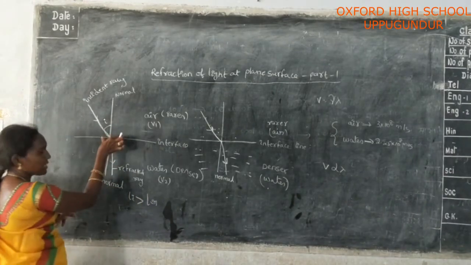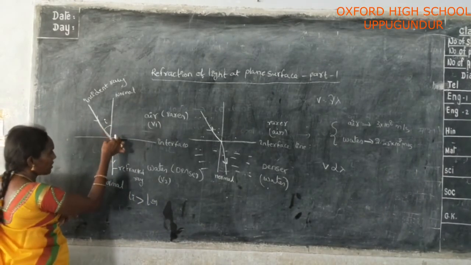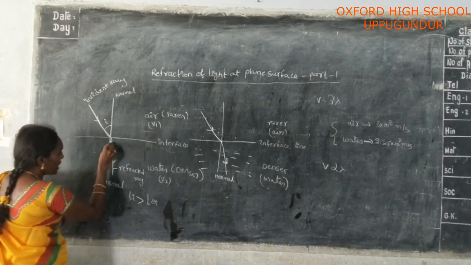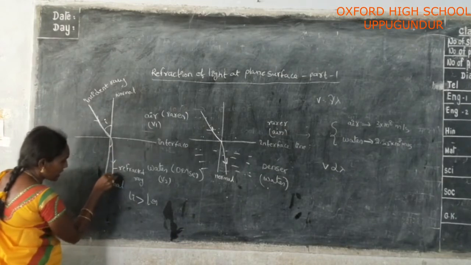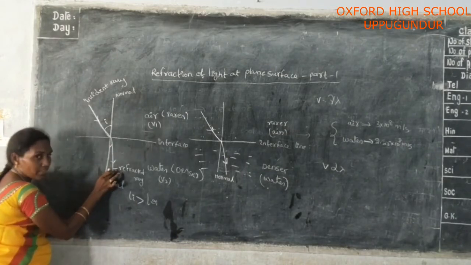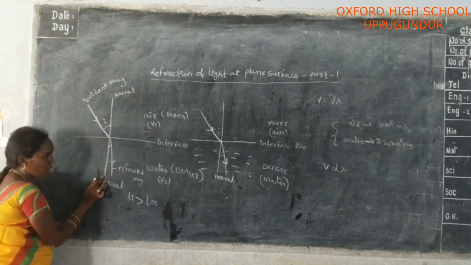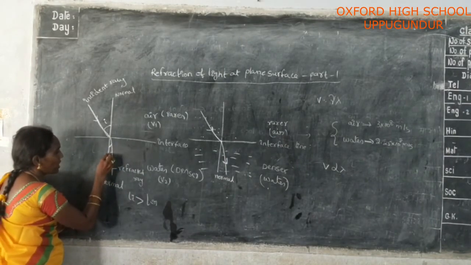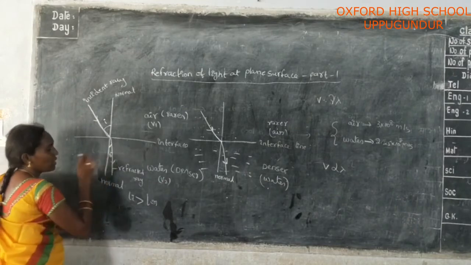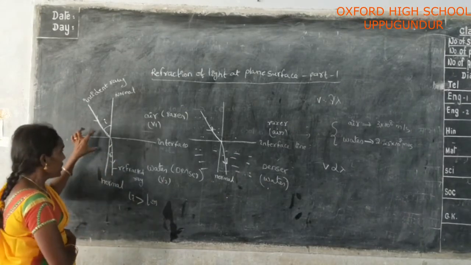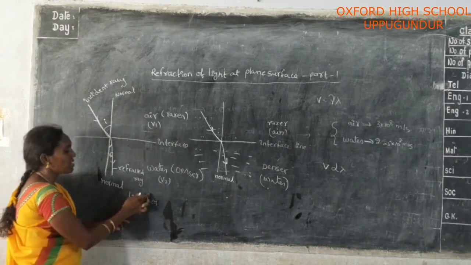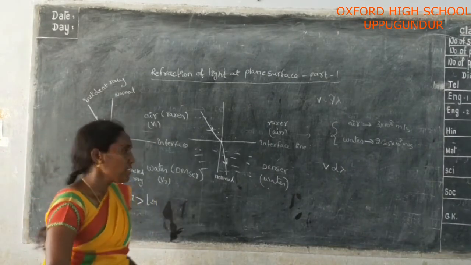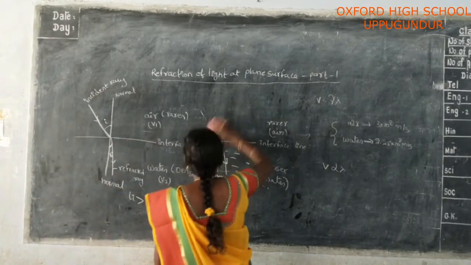Refraction takes place at the boundary, and after refraction, the refracted ray bends towards the normal. The angle made by the refracted ray with the normal is called the angle of refraction. In this case, the angle of incidence is always greater than the angle of refraction.